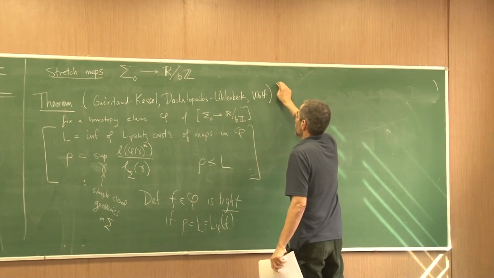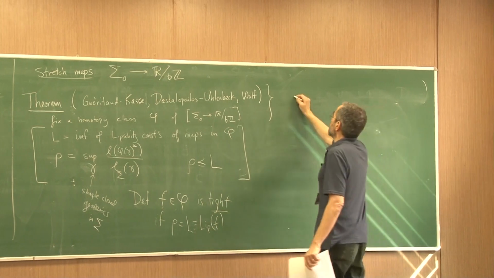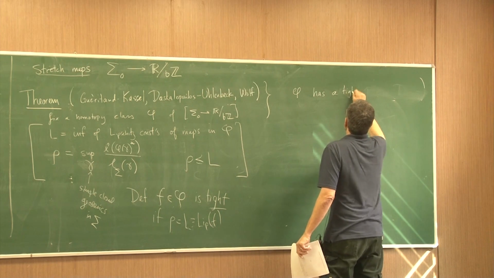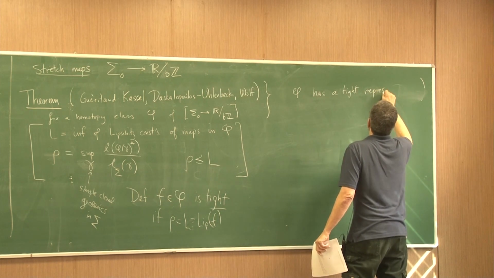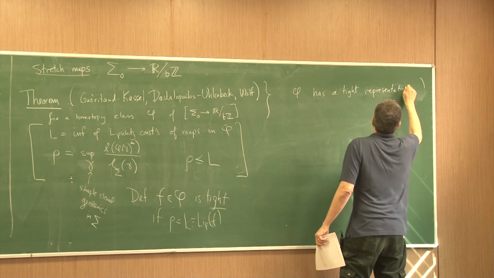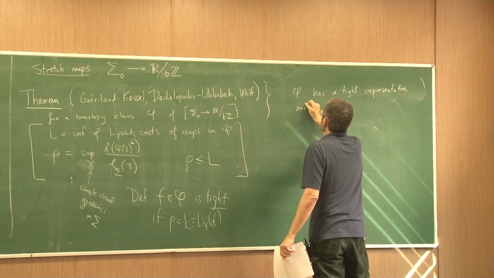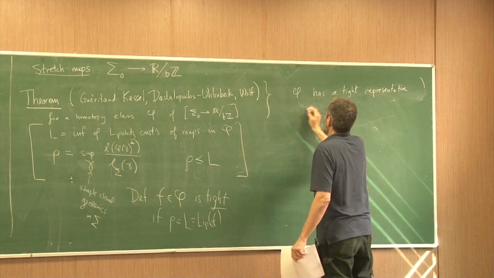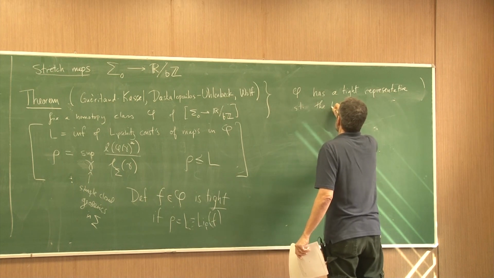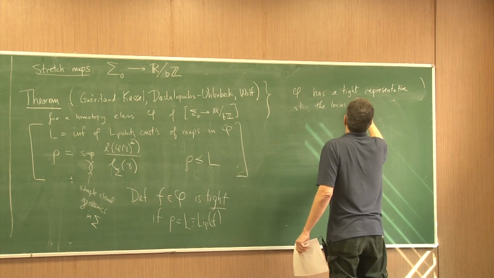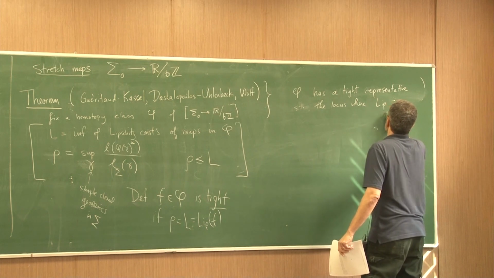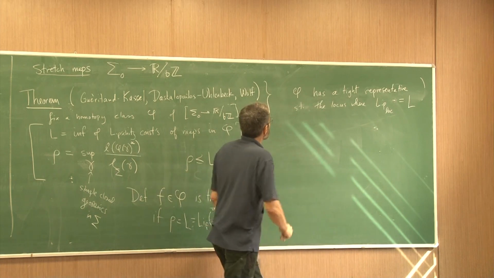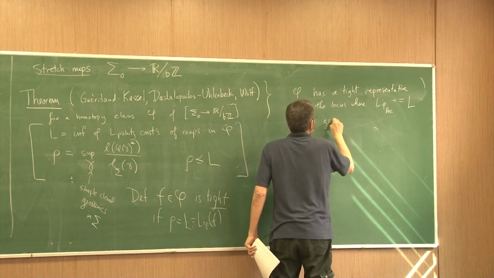And the theorem is, so sorry, I left the theorem off for the end. The theorem is phi has a tight representative. Okay, and so it has something just like this, and let's say such that the locus where the local Lipschitz constant is equal to the Lipschitz constant, so where the stretch is maximized, is a geodesic lamination.